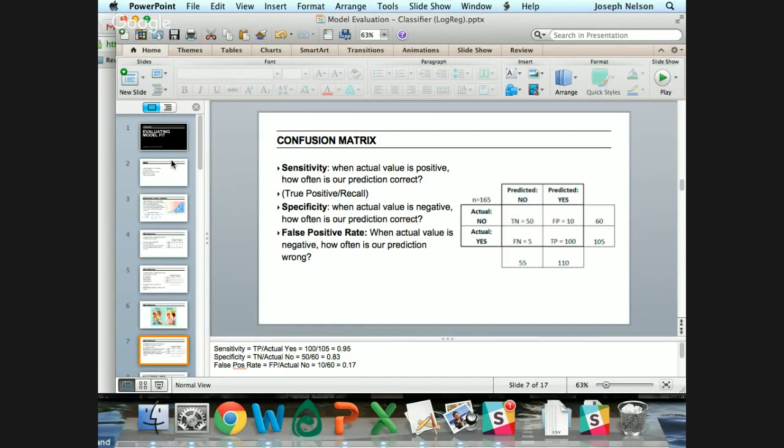Sensitivity is the rate at which our model accurately says yes. How would we calculate that? Over total what?